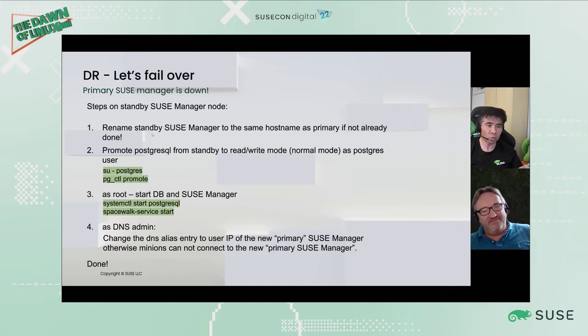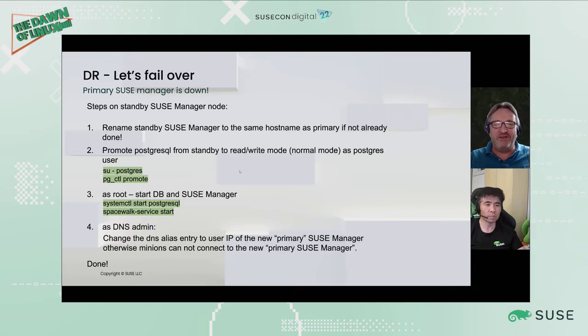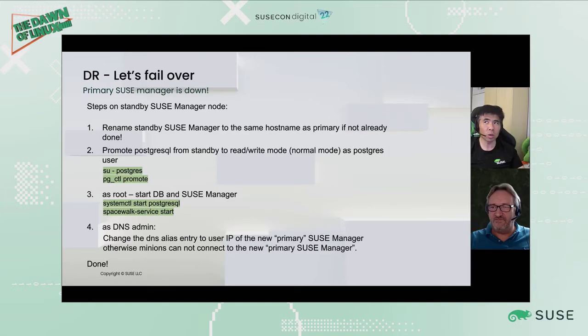So the first step is to rename the standby SUSE Manager to get the same host name as the primary, if not already done. So we really need to make the host name change at this step, right? Just a quick one, because there are so many ways of changing a host name. Is there a preferred way how to change the host name in this case? Well, there is no single preferred way.